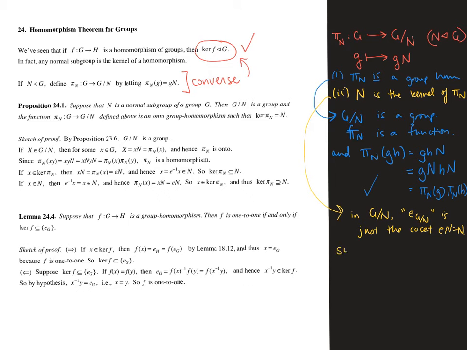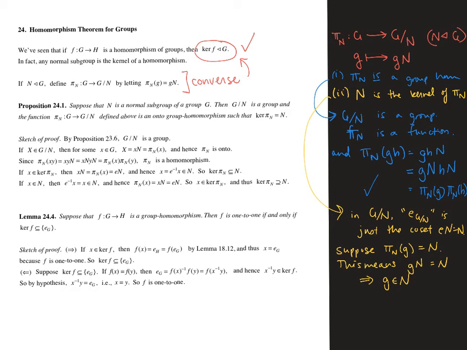So let's suppose π_N of g is equal to N. What that means is that the coset gN, which is what π_N sends us to, is equal to the subset N. And one of our propositions is that that means that g itself had to belong to N.